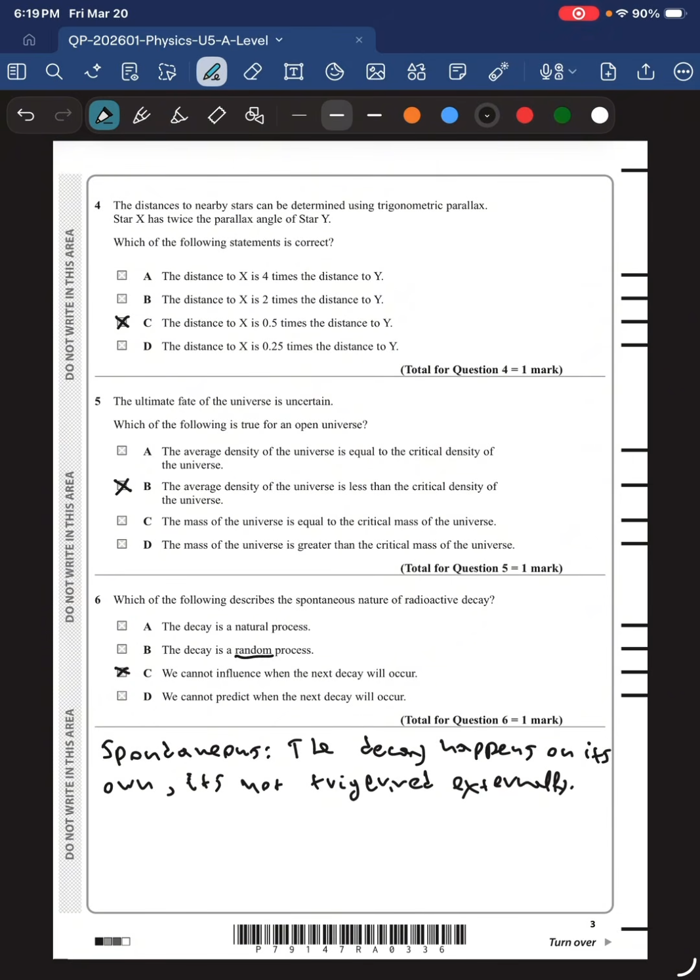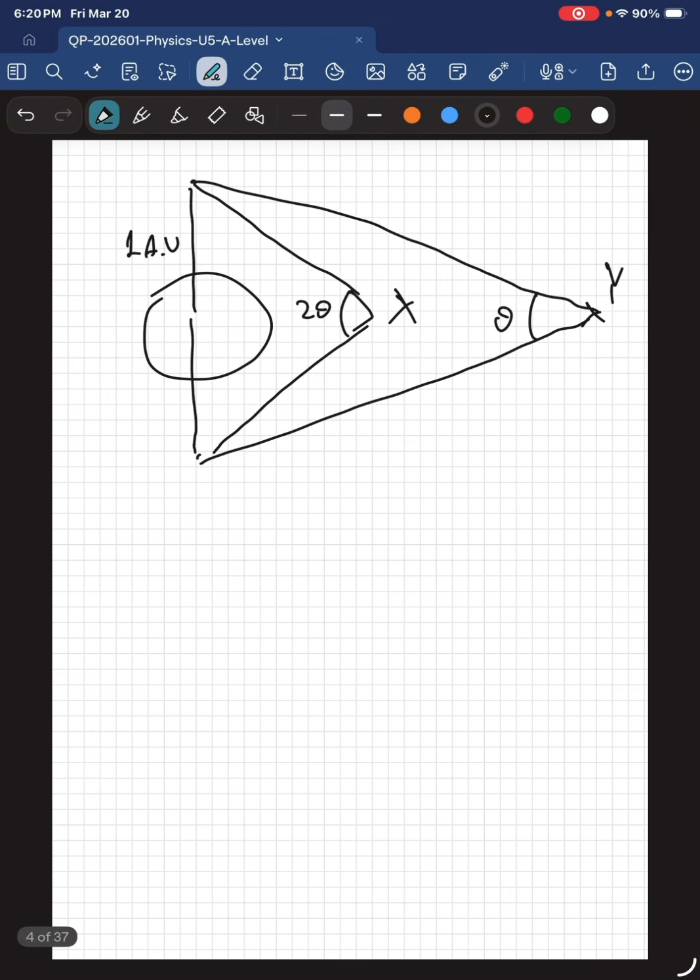Whereas random means you cannot predict the next decay. So I'm putting this there for your notes for future questions, in case you need it.